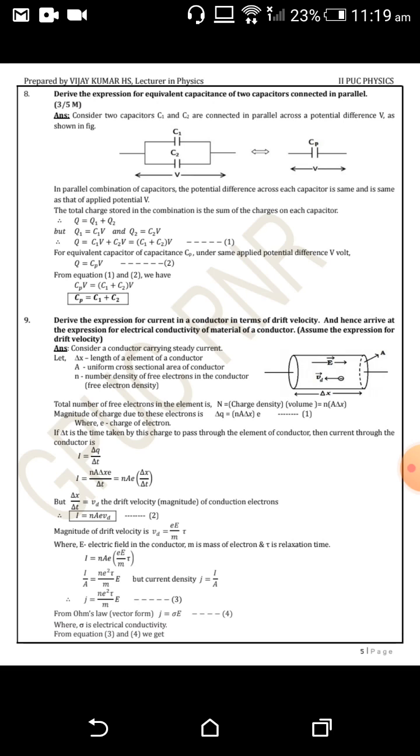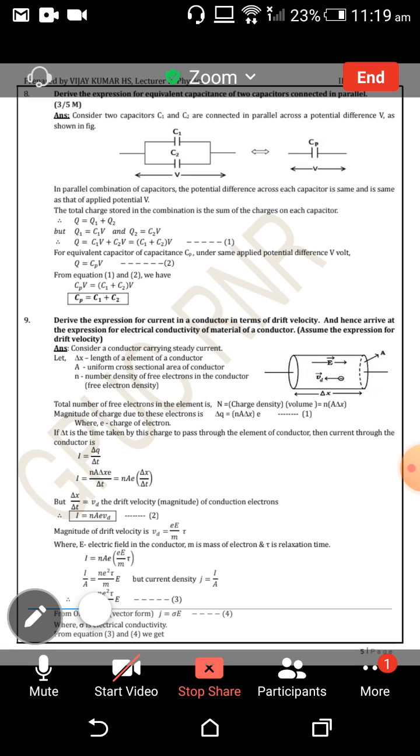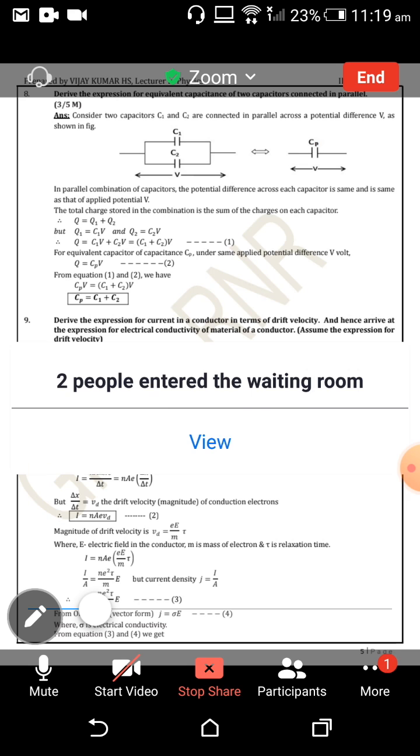Both 2 mark, 3 mark and 5 mark questions we have gone through. So next is the next chapter, that is current electricity. I'll just share another file. That is 2 marks, 3 marks. We'll start with that.